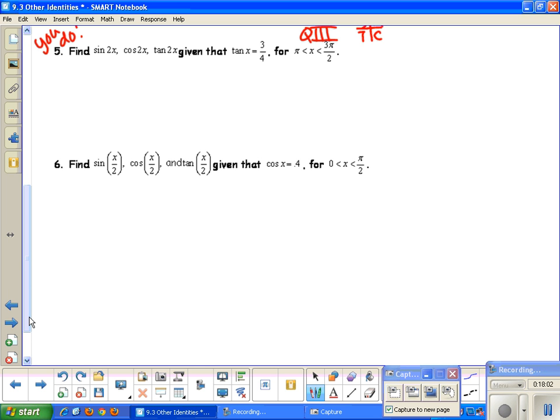Now, if you look at this, remember that when we want to find the answers for this, we have to know what quadrant our angle is going to lie in. And remember that x is not the quadrant that our answer lies in. It's really the x over 2, which gives me my value.